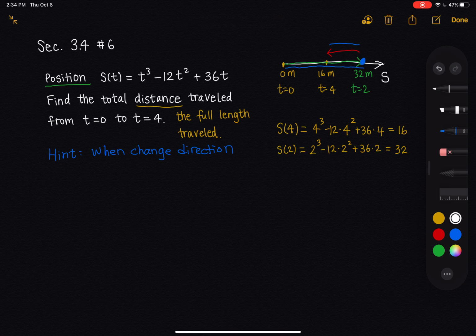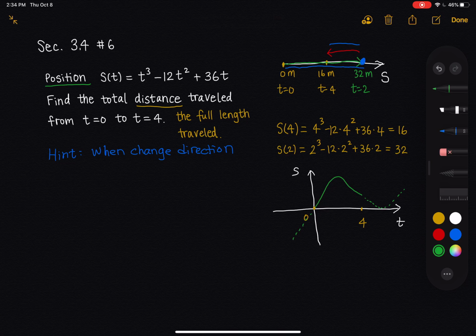Now you can also plot the position function against the time. This is time, this is s, and we plot this function using a calculator. You can think of it like the x and y axes. You can see the function at time 0 and time 4 looks like this, and if you continue plotting, the rest of the function looks like that.